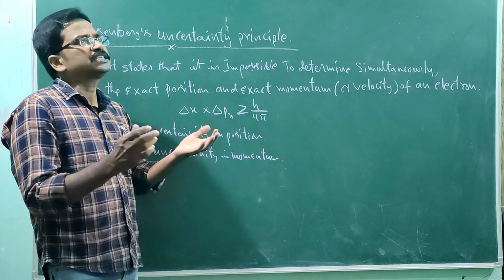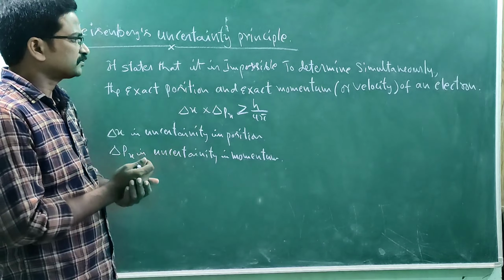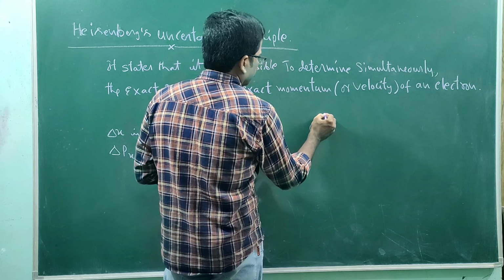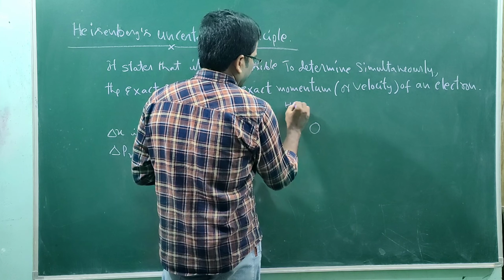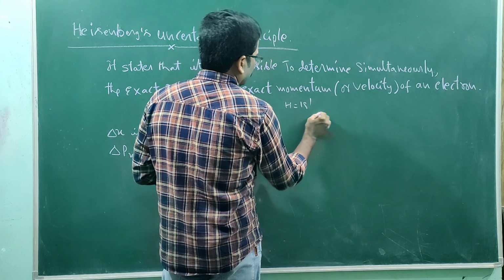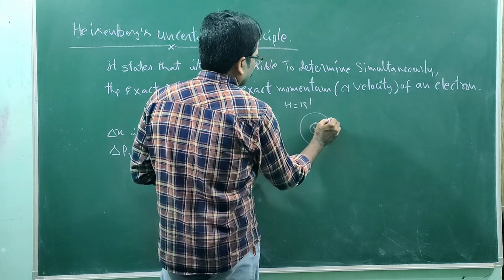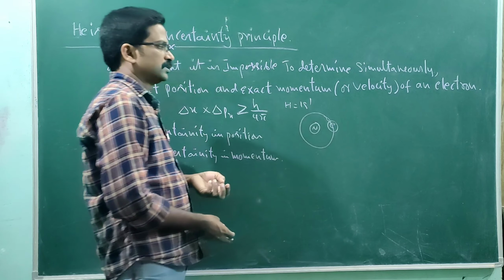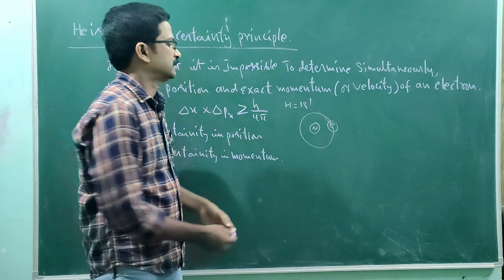Okay, let us take an atom, for example a hydrogen atom. This is one electron, this is the nucleus, and the electron is revolving around it in a circular orbit, n is equal to 1.